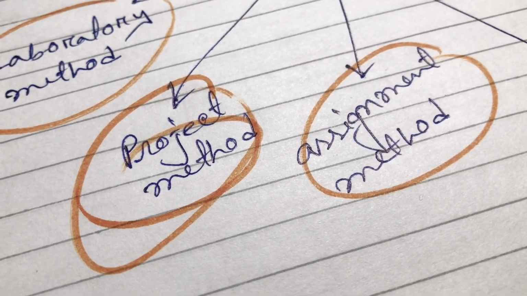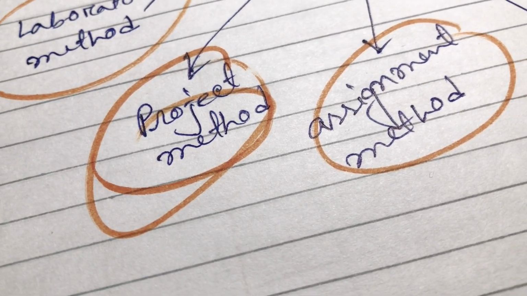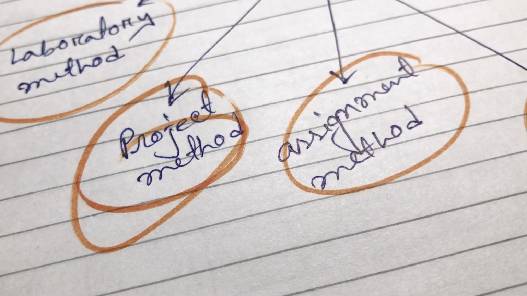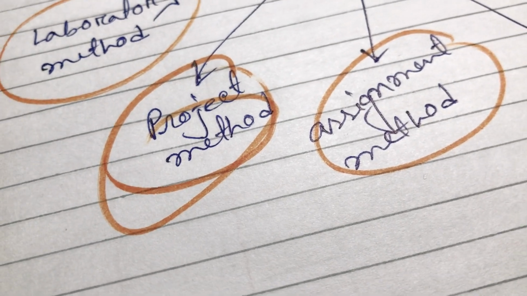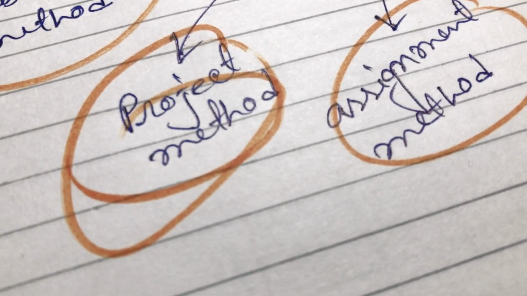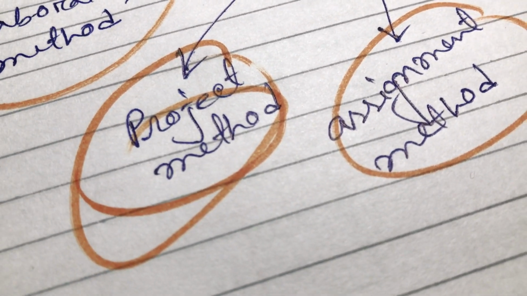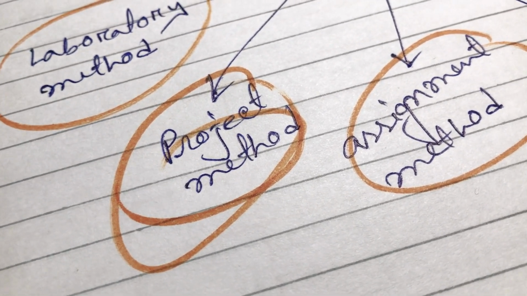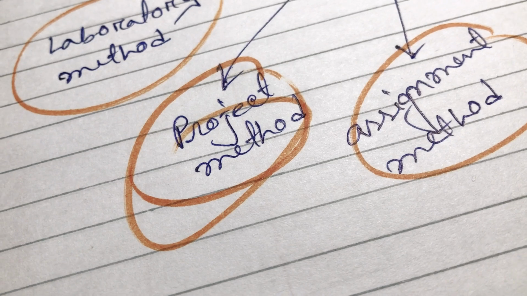So what are the merits? It takes the student beyond the wall of the classroom and makes learning realistic and experimental. It is obviously true when you are learning something practically, the process of learning will be more spontaneous and more real than theoretical or classroom teaching.